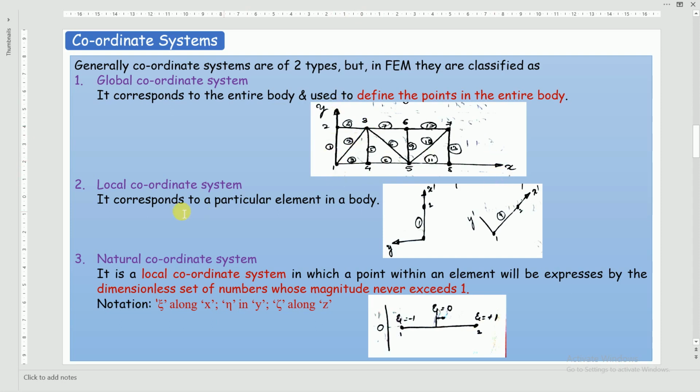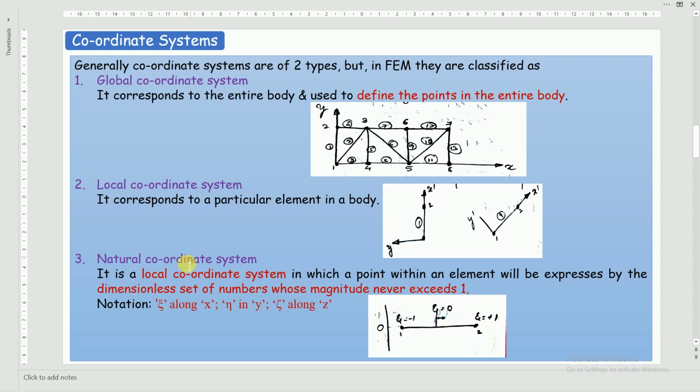But when you consider it locally, it is not considered with respect to x and y, but locally, x dash and y dash. You'll come to know this concept clearly once we start deriving the stiffness matrix for the truss element. You'll see the difference between a global coordinate system and a local coordinate system.